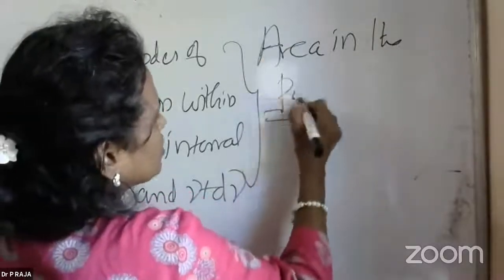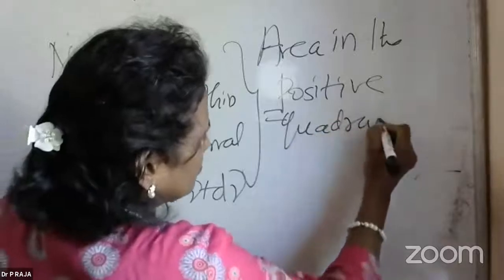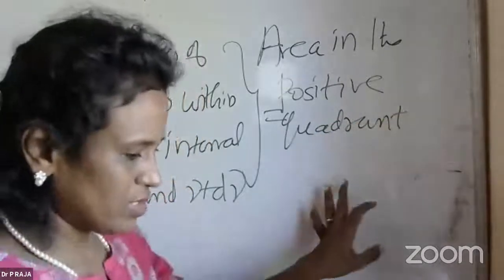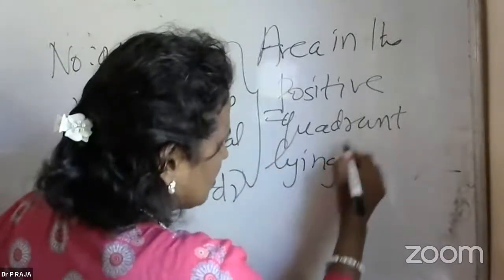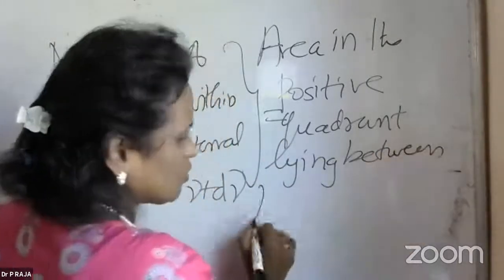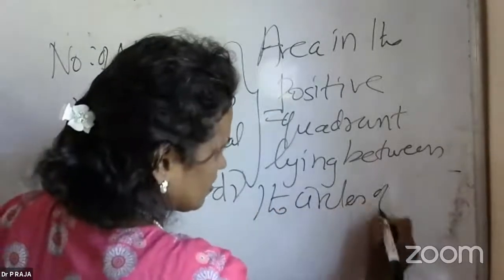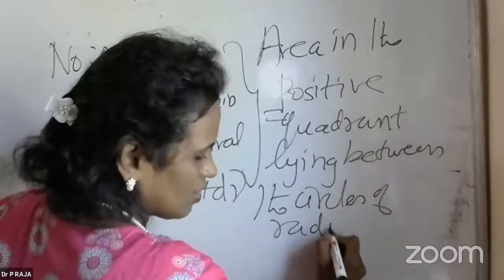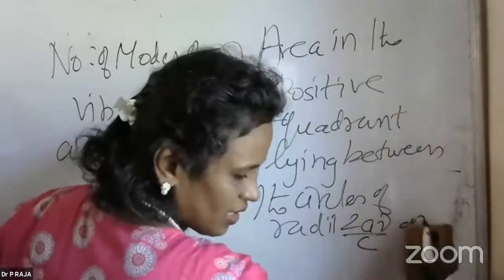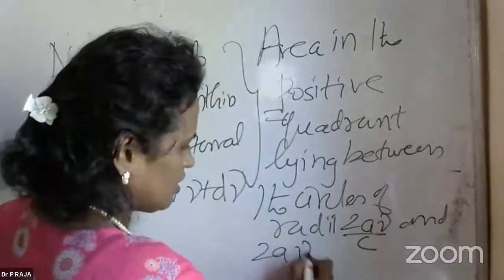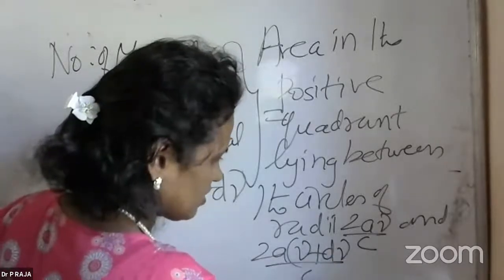in the positive quadrant lying between the two circles of radii 2 nu by c and 2 (nu plus d nu) by c.